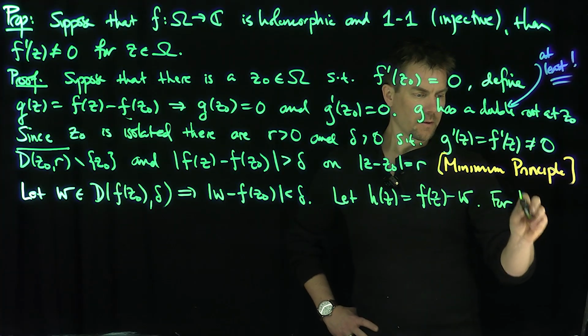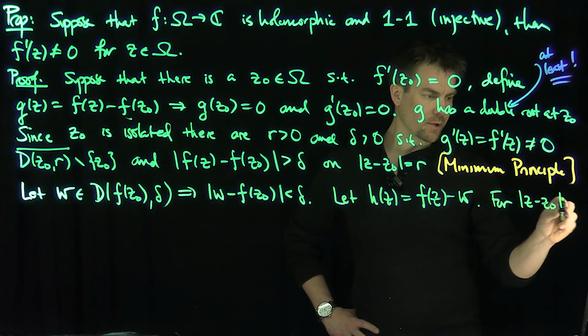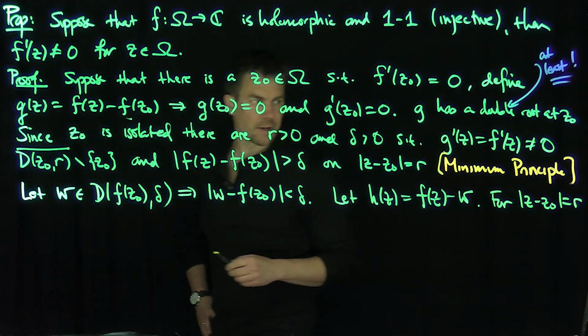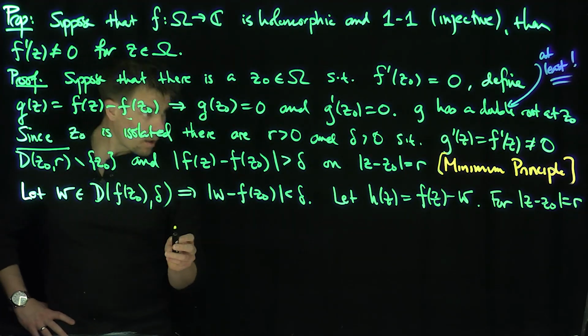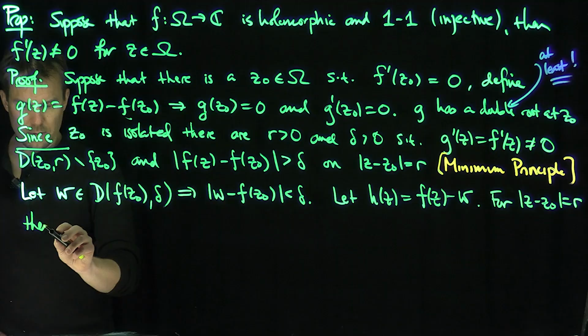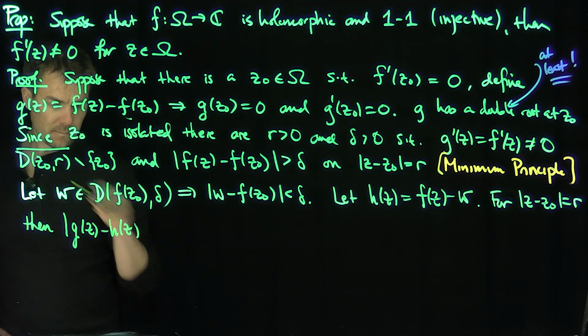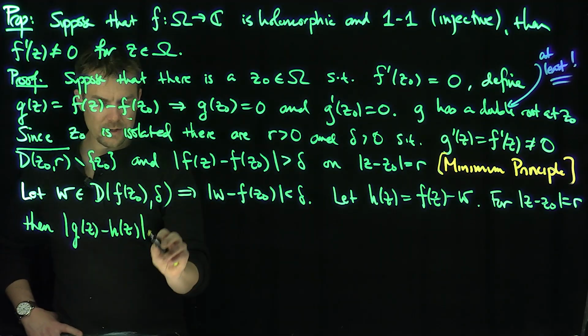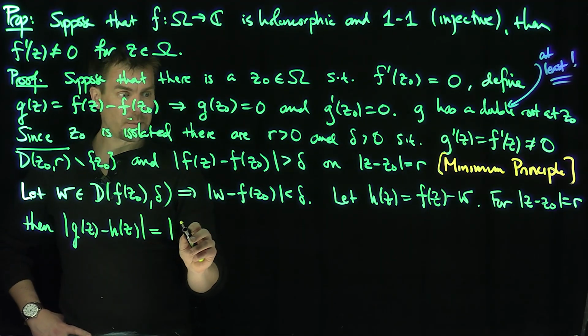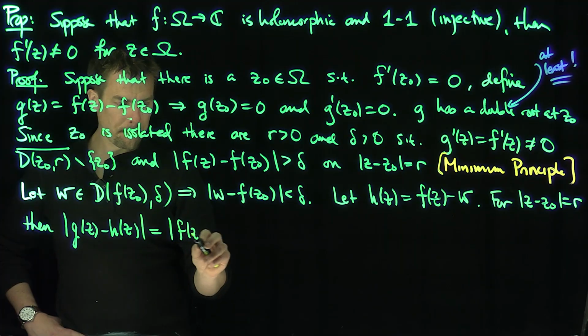For modulus of z minus z0 equals R. In other words, if z is on a circle centered at z0 of radius R, then modulus of g of z minus h of z is going to be what? Well, g is going to be f of z minus f of z0.